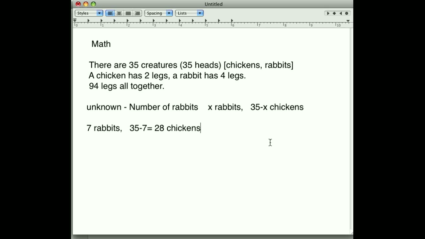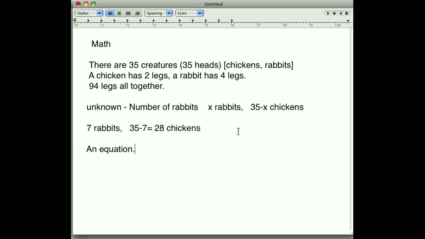Of course, it's not the solution, but I'm just giving it as an example to show why we can say that if one type of animal is X, the other one is 35 minus X. And after we know that, it's easy to put together something that's called an equation.